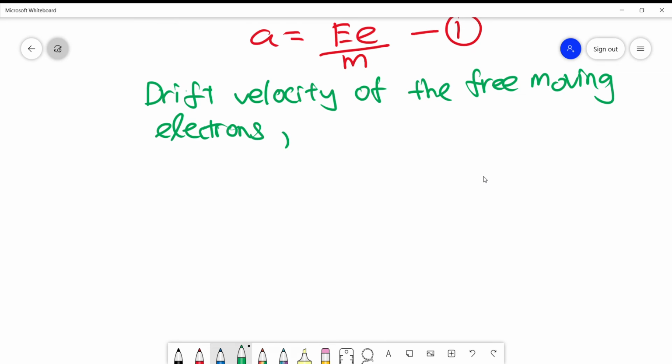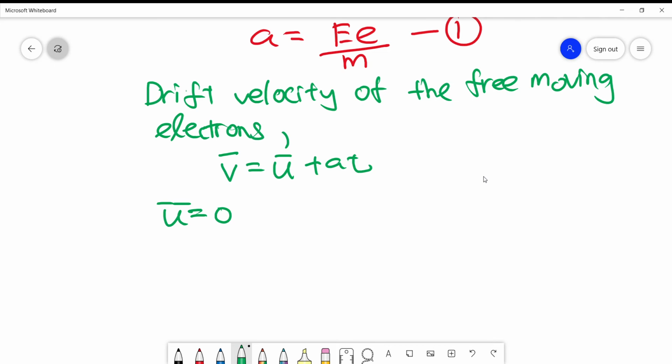The formula we need to apply here is v equals u plus at. So v is the drift velocity, u is the initial velocity, a is the acceleration, and t is the mean free time. And basically u is equal to 0.